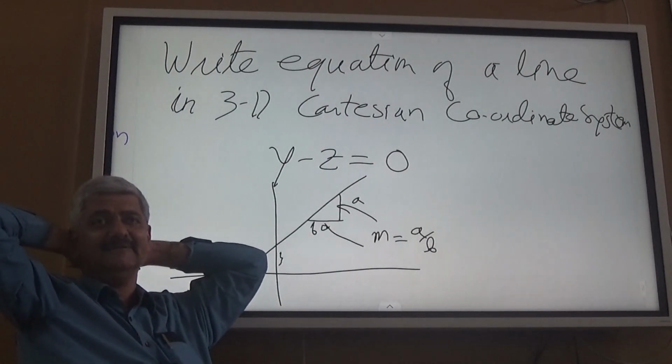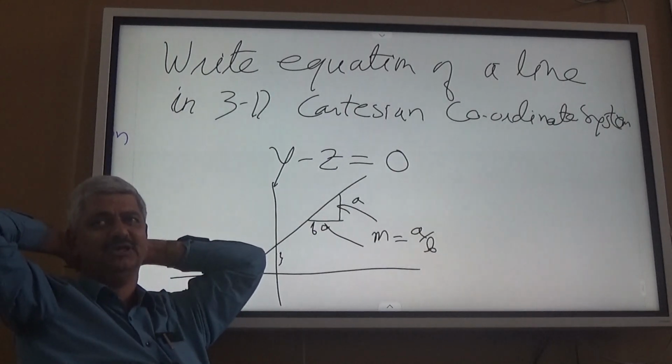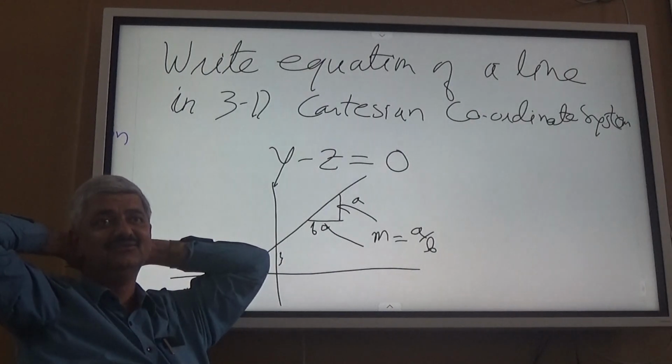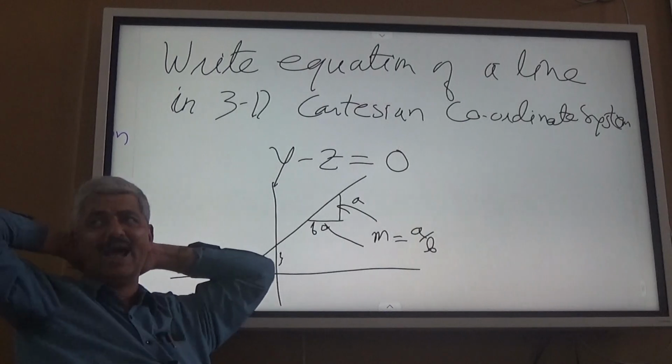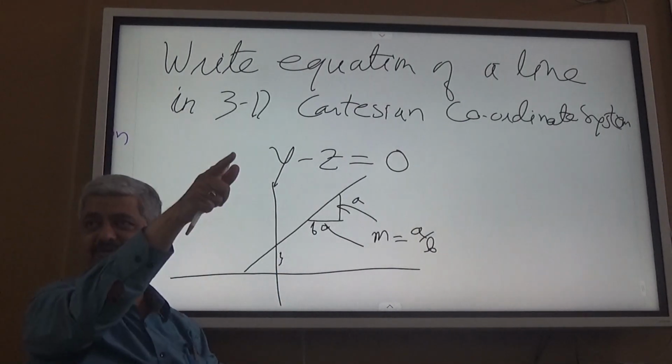3D terminology, 3 equations. X equal to 2, y equal to 3, z equal to 4. What is it? It means point P, 2, 3, 4.